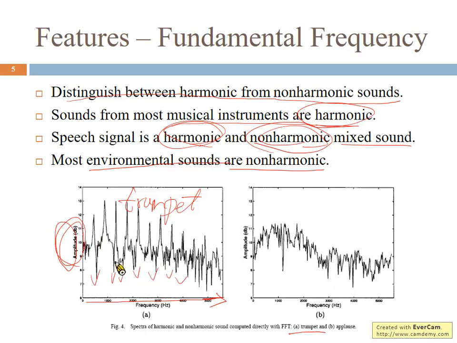That means this audio signal is harmonic and has a clear fundamental frequency. The second example is the applause. The applause has no clear fundamental frequency, and it would be a non-harmonic audio signal.